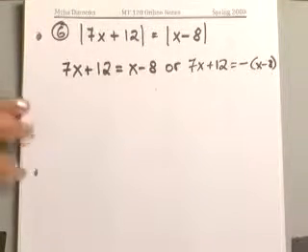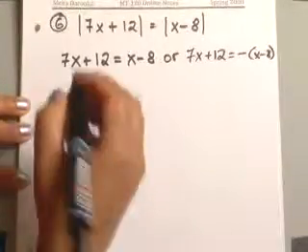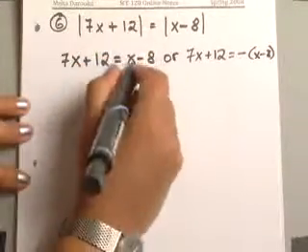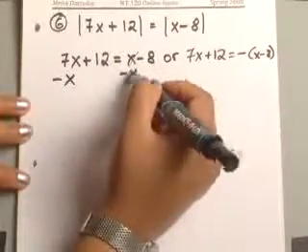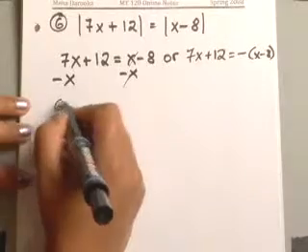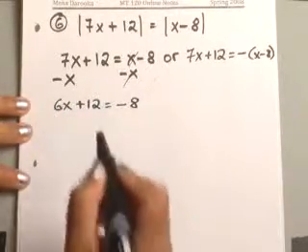Okay, so let's go ahead and solve the first part of this equation here, and we'll move our x over to this side first, which will give me 6x plus 12 equals negative 8.